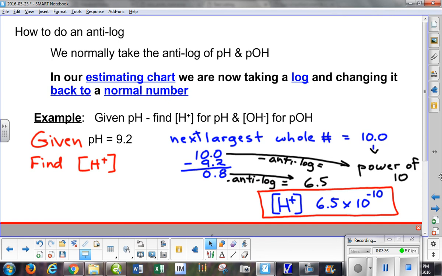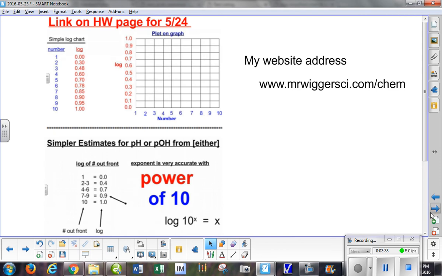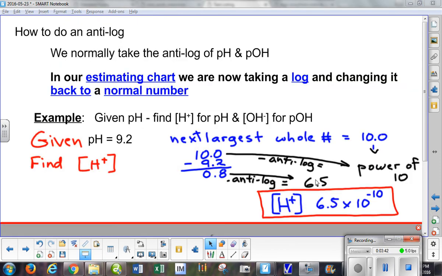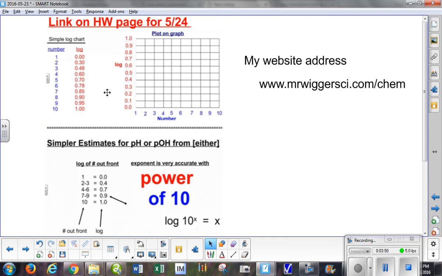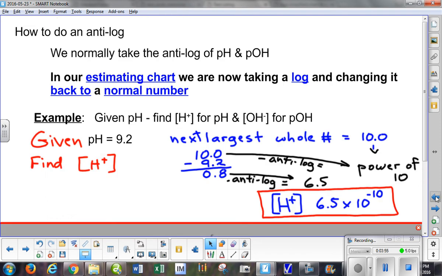And what I'm looking at is this chart right here. So this is where the 6.5 comes from. And you can see this is a pretty simple operation. We're estimating in this chart, we are starting at 0.8.